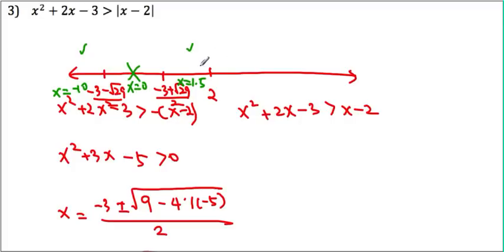Let us look at the right side and see what happens here. By subtracting x from both sides, x squared minus x plus x, and then minus 1 has to be greater than 0.